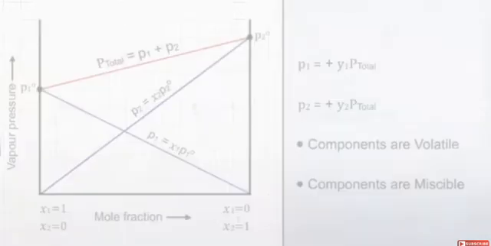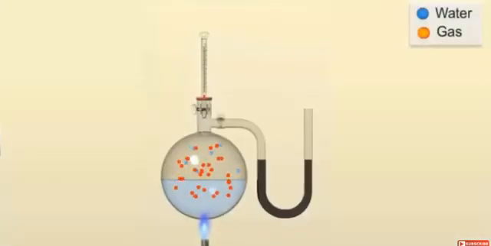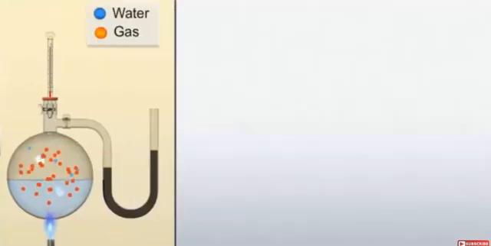Now, if one of the components in the binary solutions is considered to be highly volatile, such that it exists as a gas, then, as you know, its solubility is given by Henry's law.